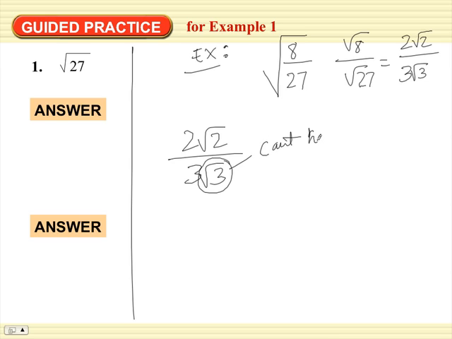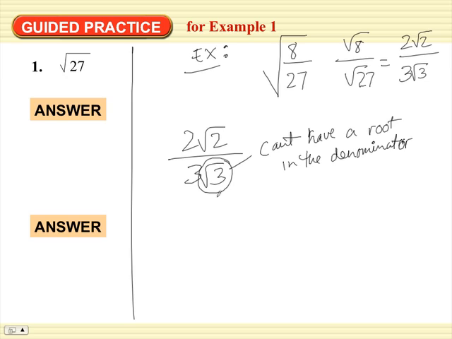You can't have a root in the denominator. Never, never, ever, ever will you give me an answer with a root in the denominator. Ever.